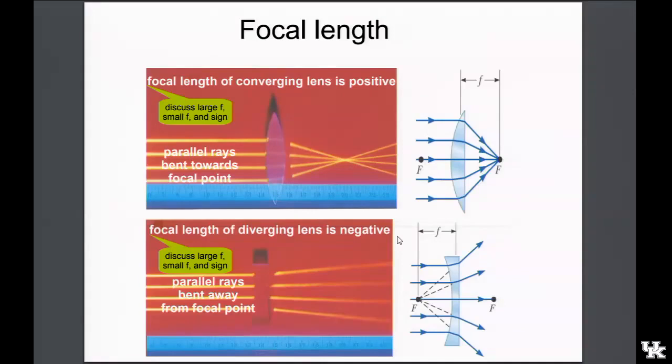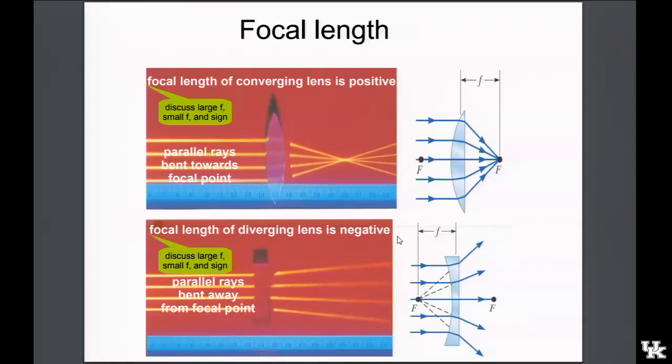one way of actually quickly seeing the personality of the focal length of a lens. What you do is you shine parallel light rays into the lens, and you'll see its focal length, because the light rays are either bent to a location, that is the focal length, in the case of a converging lens, or they're bent away and appear to come from a common point, which is the case of a diverging lens.